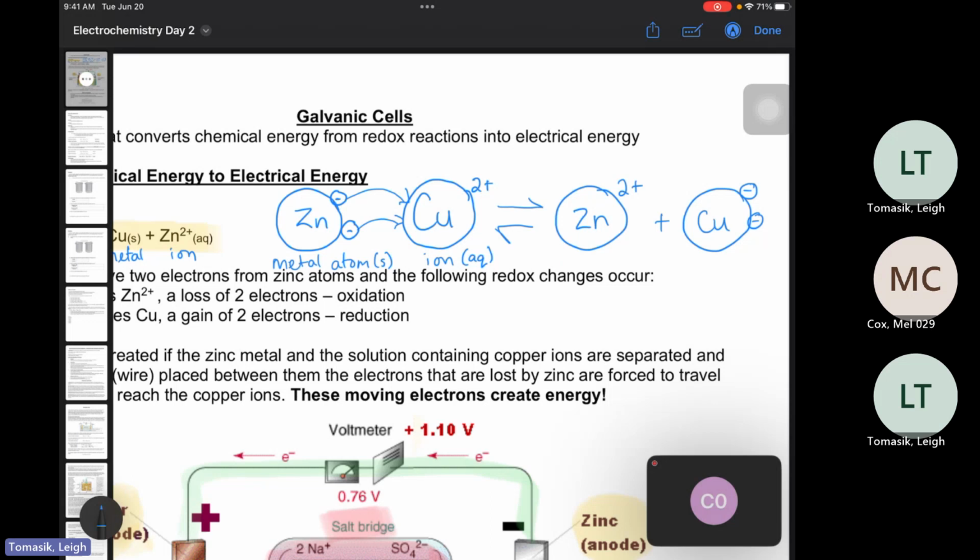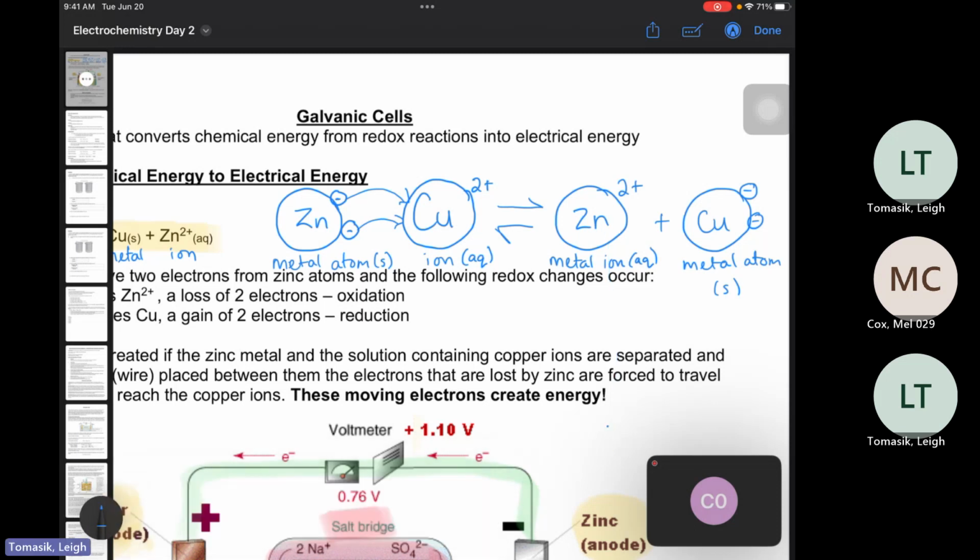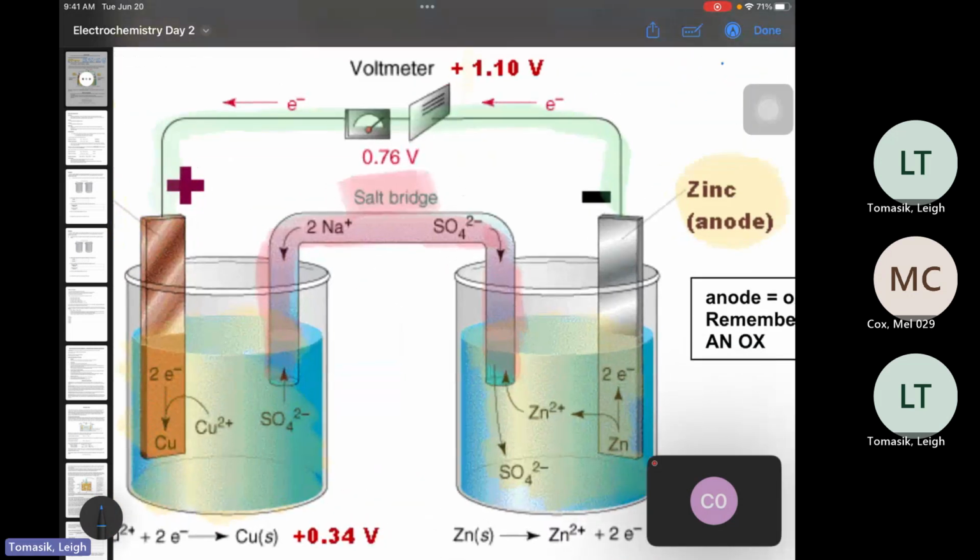So after the reaction, zinc is a metal ion, which means it's dissolved, and copper is a metal atom, which is solid. So what's happening over time is this zinc metal is going to wear away.